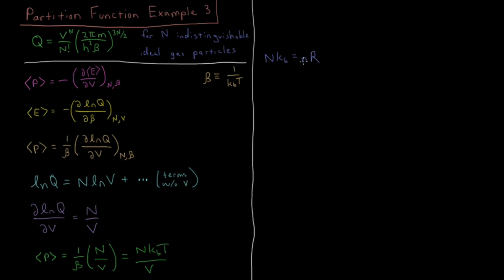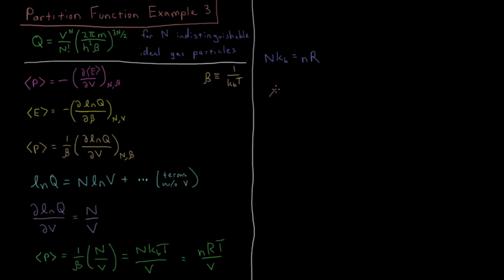So Nk equals nR. Then we can substitute this here, and we can put nRT over V.